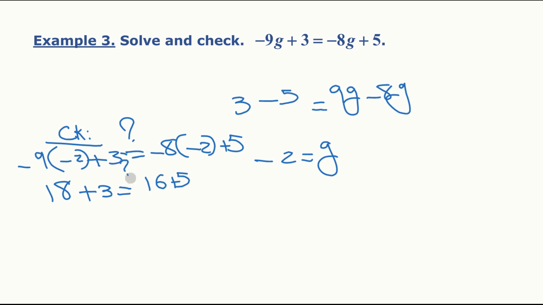We're still checking. Now we notice that's 21, and the other side is 21, so it checks out, and we can now confidently write that the solution set contains -2. Remember, we don't put the name of the variable within the solution set, just the values of the variable that make the original equation true.